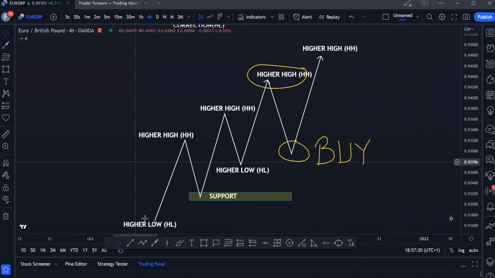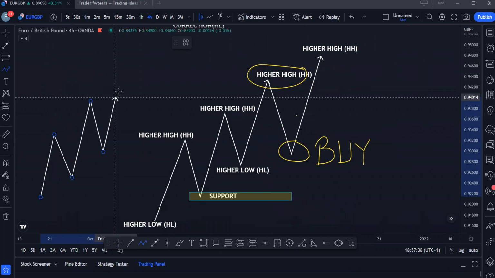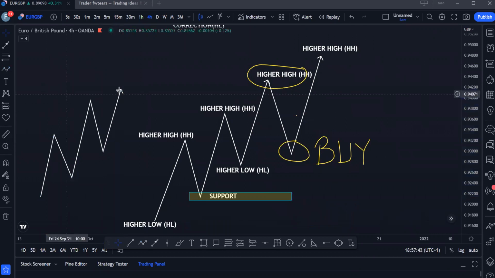When price is in an uptrend, like so, let's say you see price going up, and you've already established that price is in an uptrend. So let's say at the point that you went into the chart, price was here. You've already seen that price is in an uptrend, but price is over here.